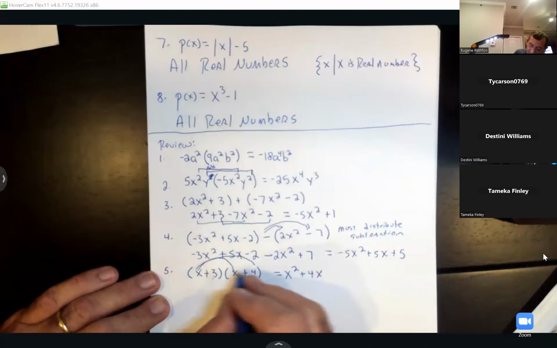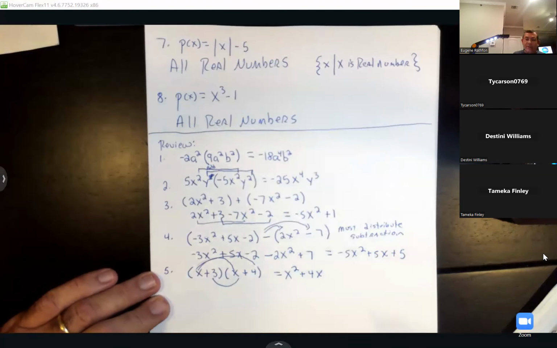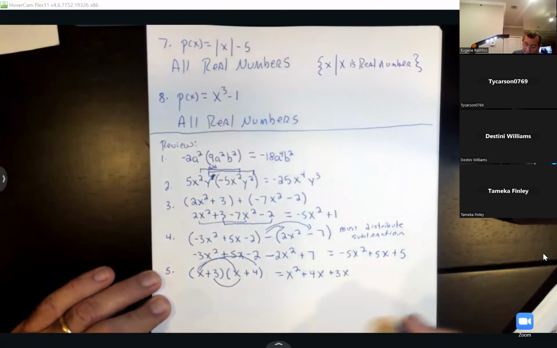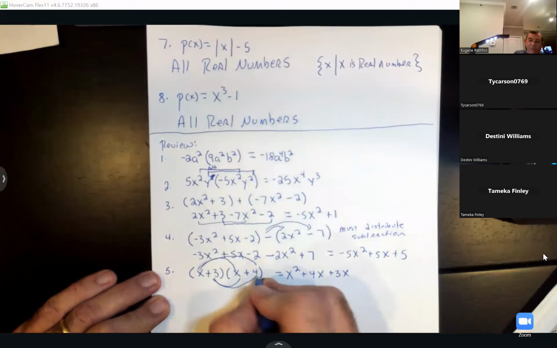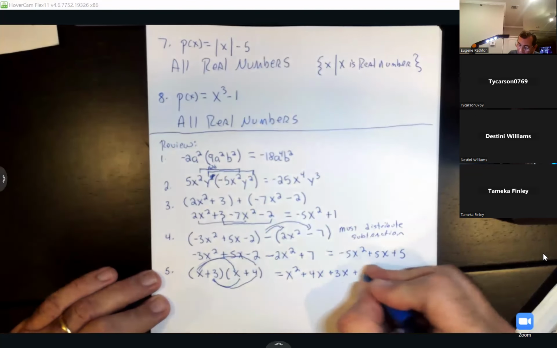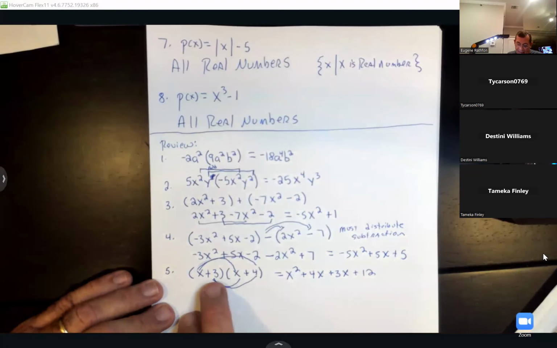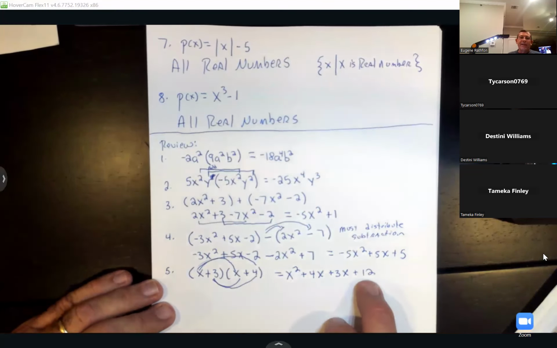And so I'm done with the X. Let's do the 3. A 3 times an X. 3x. And y'all finally, a 3 times a 4. 12. Now, y'all, the biggest mistake I get on that, people add the 3 and 4, make it 7. But remember, multiply everything.